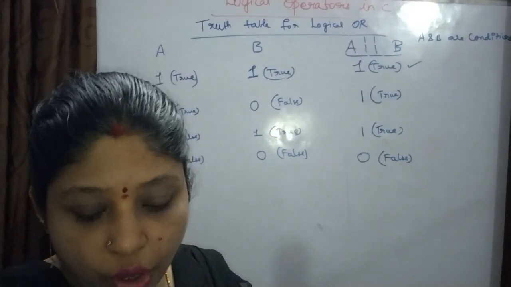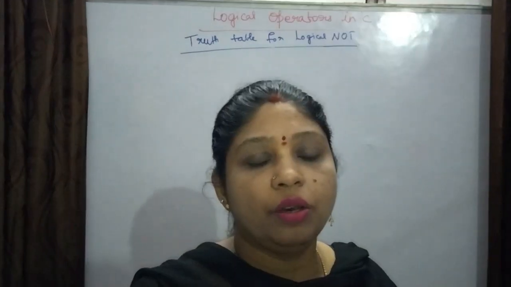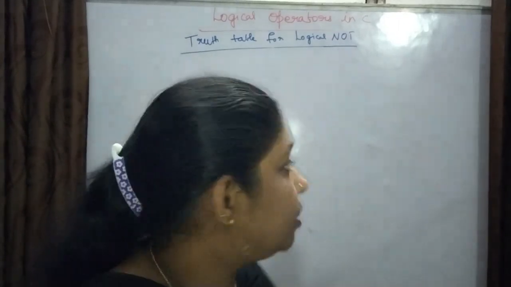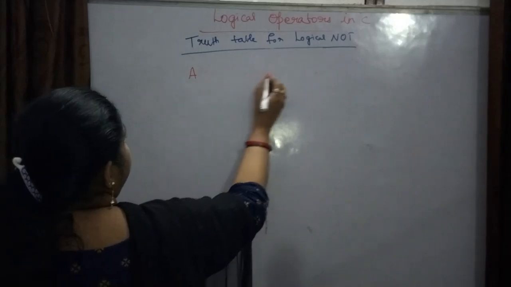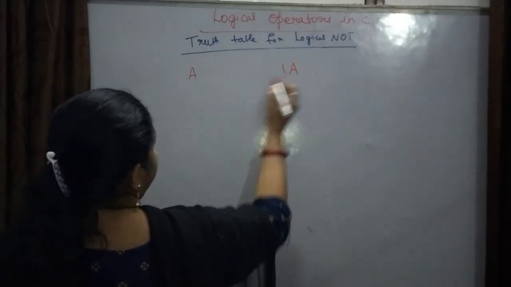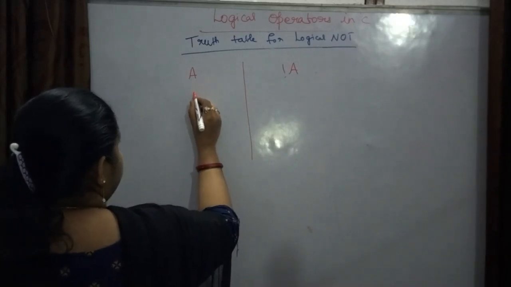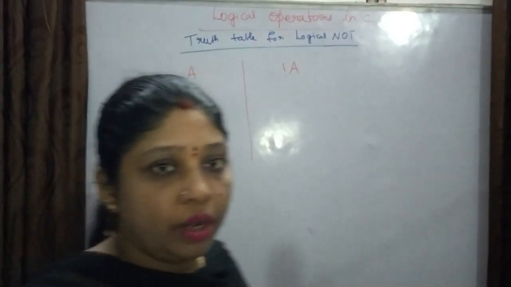Okay, now we'll discuss the truth table for the logical not. Now A is one condition, and not A. Now suppose A condition is true, the value will be 1.